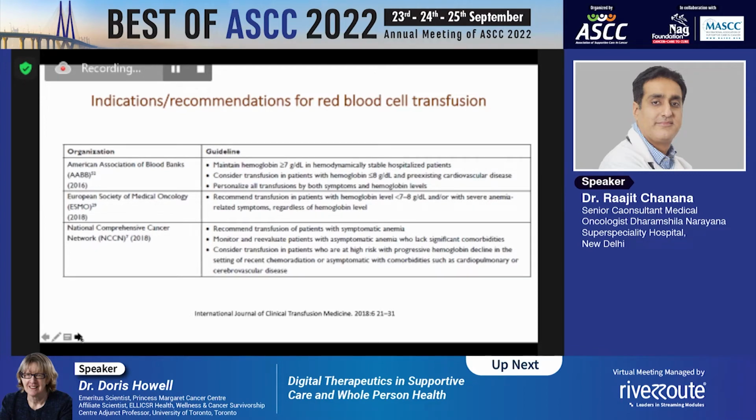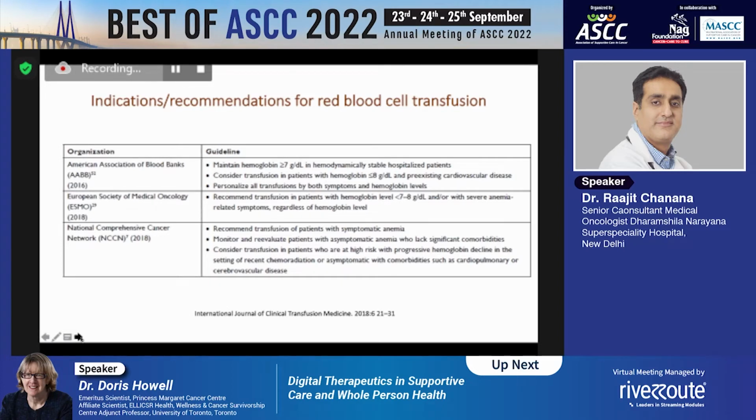So there are various guidelines which help us to recommend the need for blood transfusion. The American Association of Blood Banks recommends maintaining HB of more than 7 grams in hemodynamically stable hospitalized patients. And in patients with a pre-existing cardiovascular disease, if the HB is less than 8, then transfusion should be considered. And obviously, depending on the symptoms, the need for transfusion should be decided.